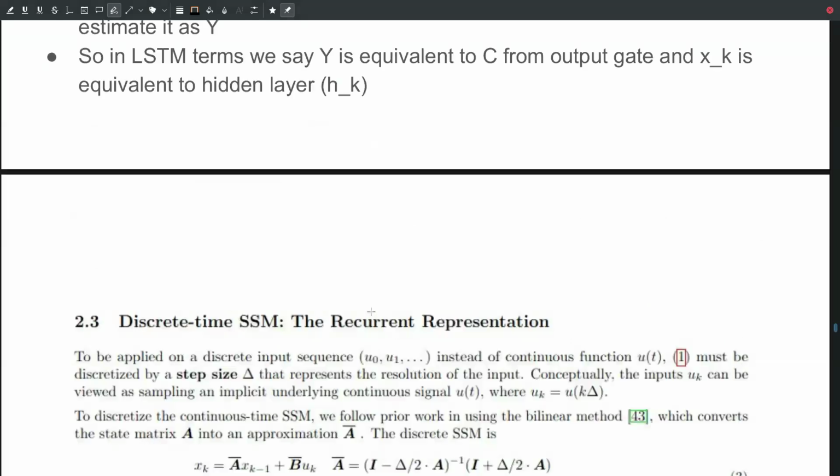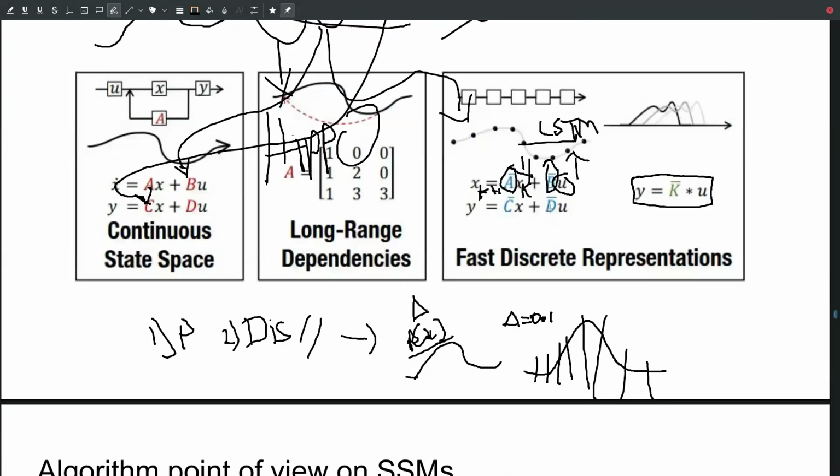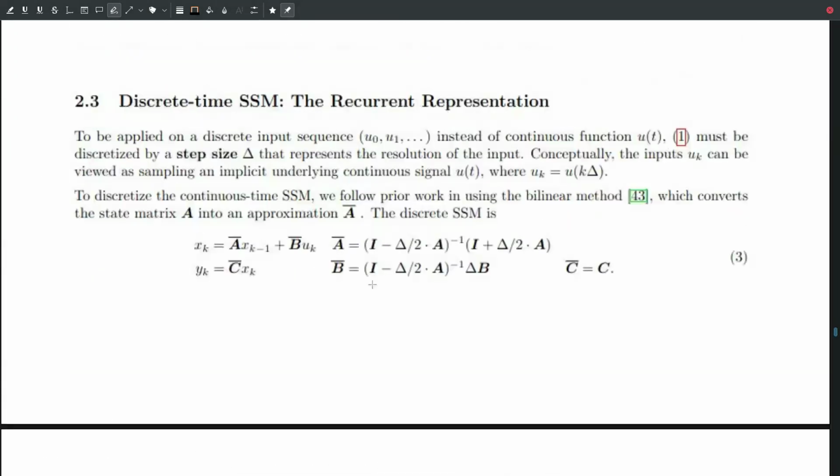So in S4, we have this recurrent formula. xk will be A times xk minus 1 plus B times uk, and yk will be C times xk.